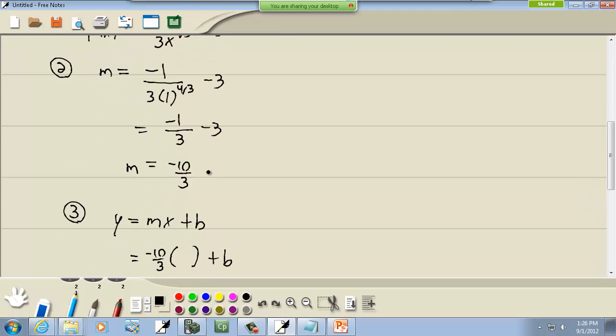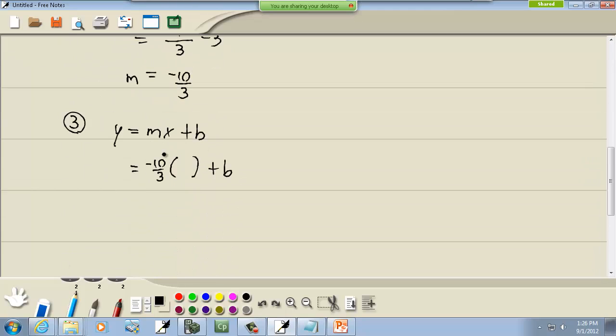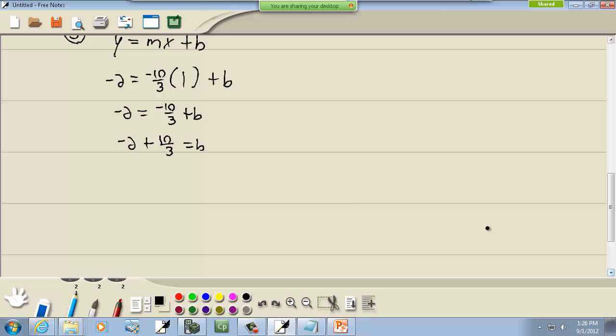So let's plug those in. -2 for the y and x is 1. Well, -10/3 times 1 gives us -10/3 plus b. Take -10/3 to the left side, becomes a +10/3. Well, this is a mixed number. So I take -2 times 3 gives you -6, and then you add 10, and that gives you 4/3.